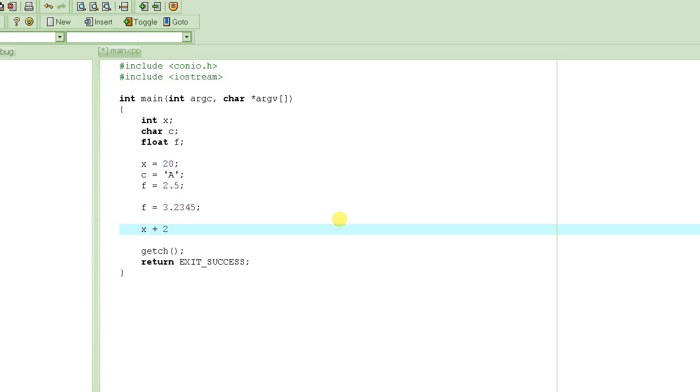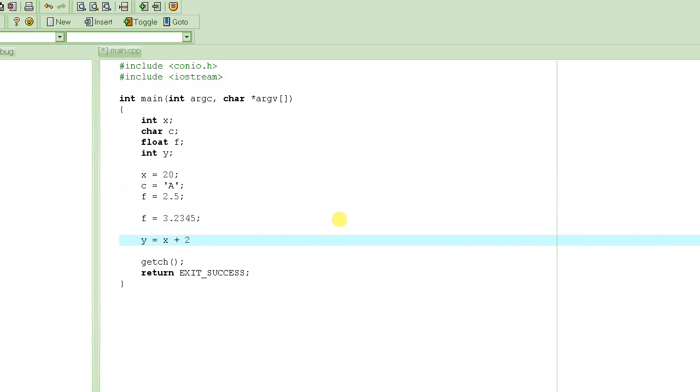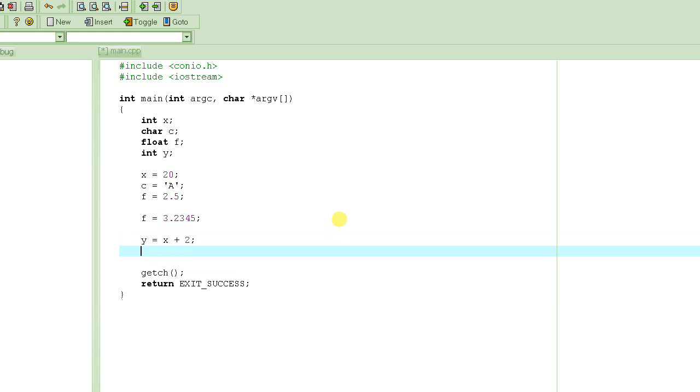And you can basically assign that value, the resulting value, to some other variable, like int y, and I can say y is equal to x plus 2, and don't forget the semicolon. So what it does is basically it takes the value of x and then adds 2 to it, and whatever the result is, it assigns it to y. So at this point, the value of y will be 22.